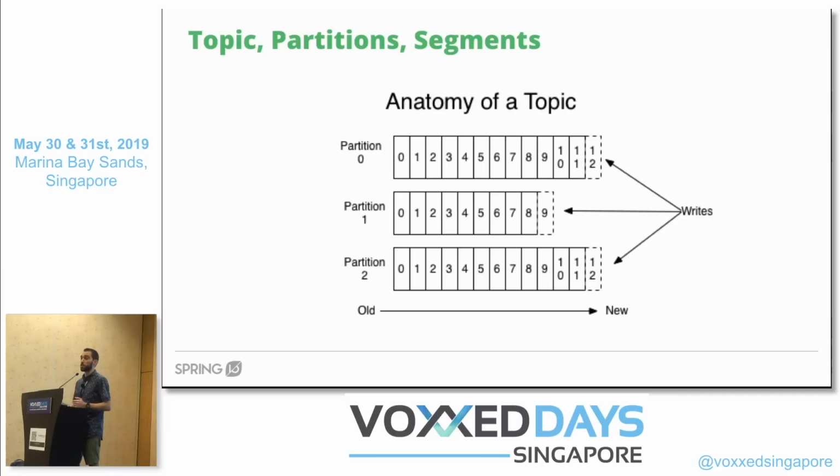When you create a topic, you define how many partitions you want for that topic, and the number of partitions will determine how many consumers you can have at the end of the day. So it will determine the level of scalability you can have in Kafka, because you cannot go beyond the number of partitions. That's a way to scale, so we're going to partition the data.